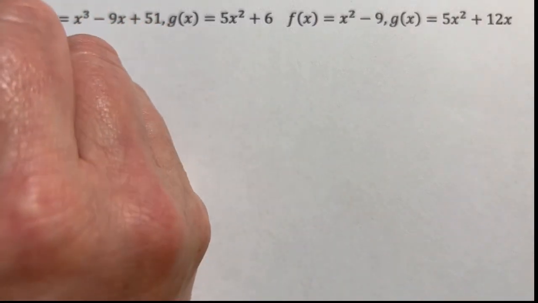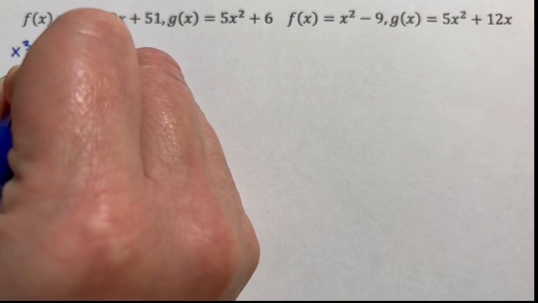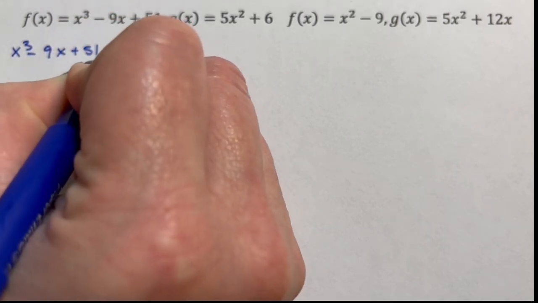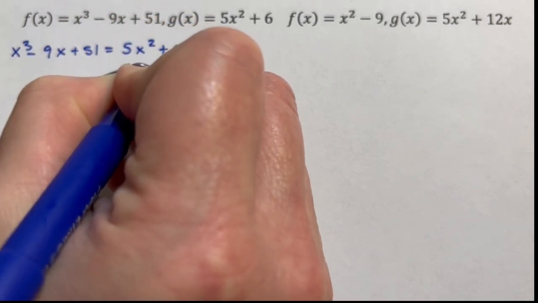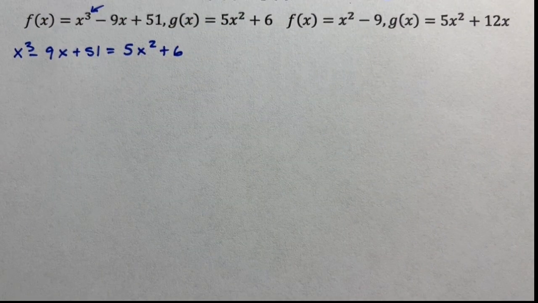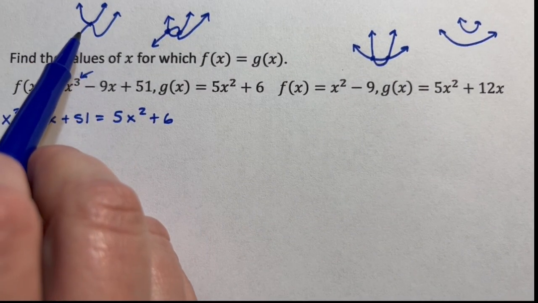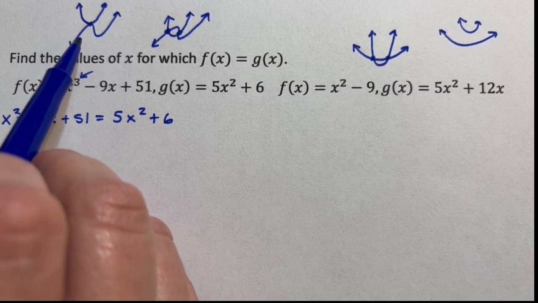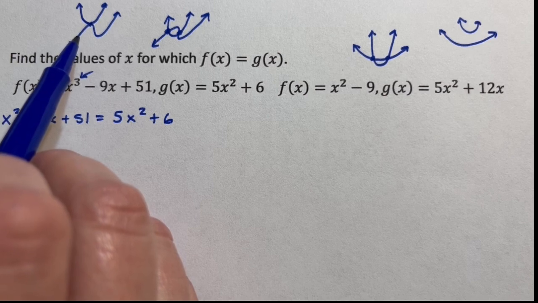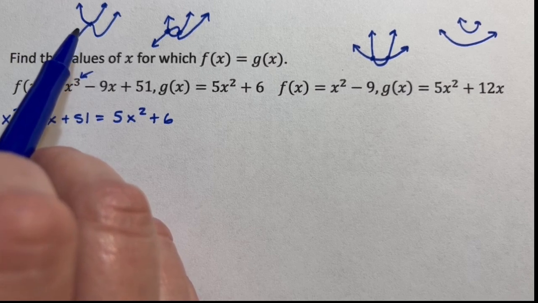What we're going to do is say x cubed minus 9x plus 51 equals 5x squared plus 6. This 3 right there means up to 3 answers. If we come back and look at the case where there is only one, that means there were two imaginary answers and one real answer.